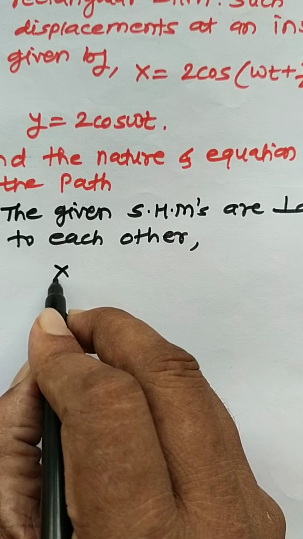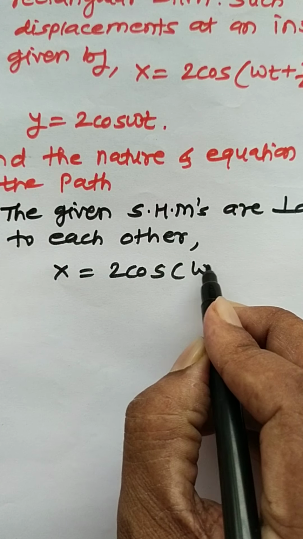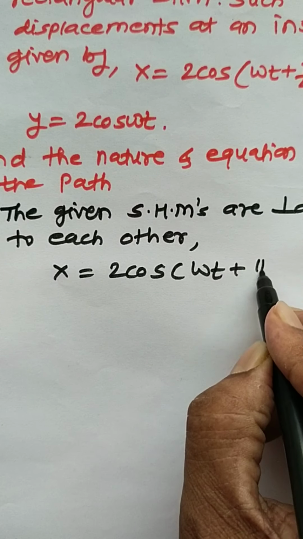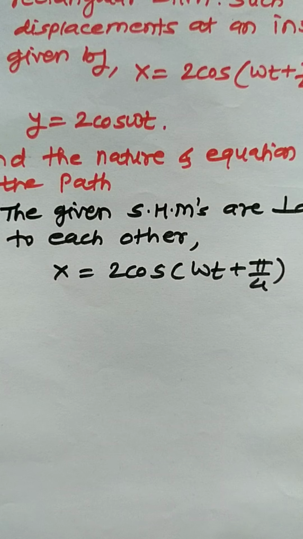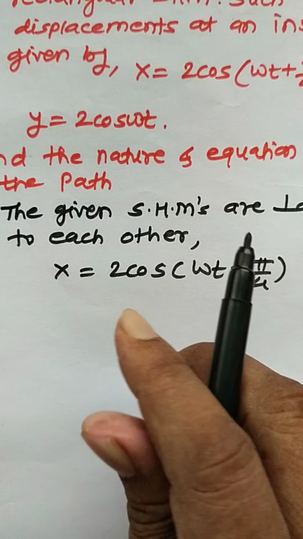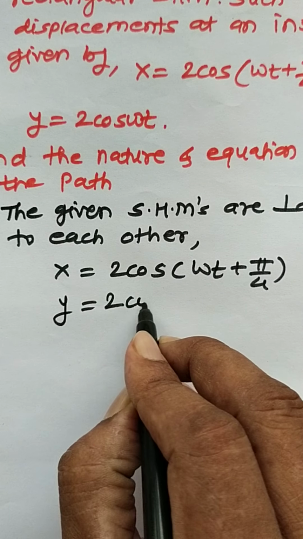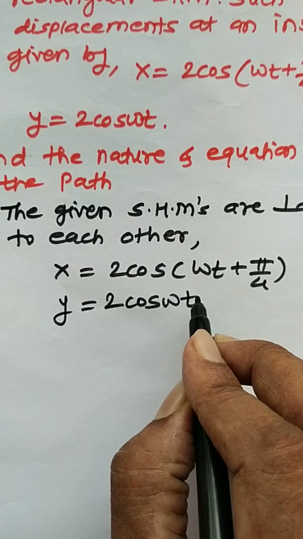So therefore, x is equal to 2 cos omega t plus pi by 4 and y is equal to 2 cos of omega t.